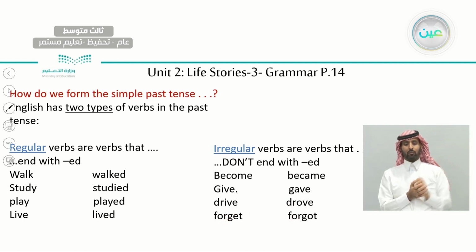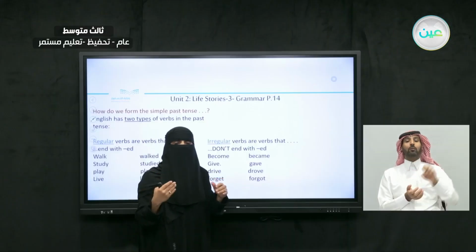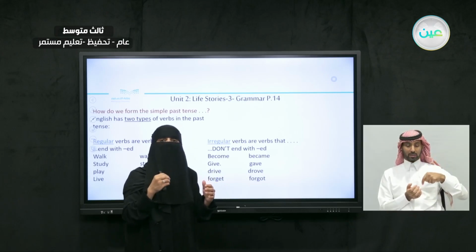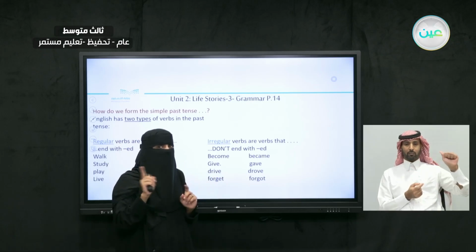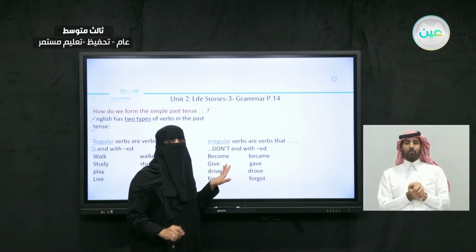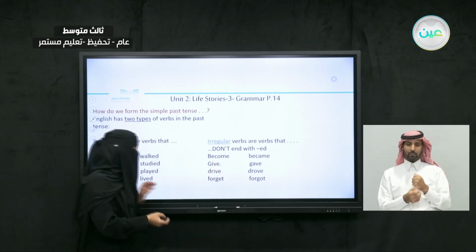So these are irregular verbs. Can you think about other irregular verbs? You told me before, I ate yesterday. So the present is eat. So when we talk about the past, we change it to ate. We don't add ed. It's an irregular verb. Excellent.